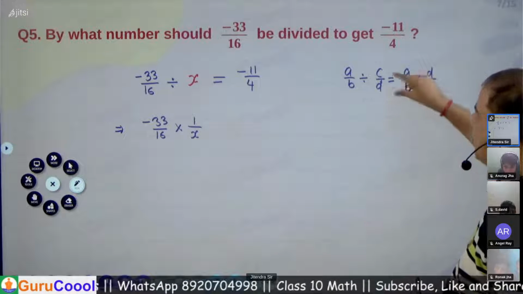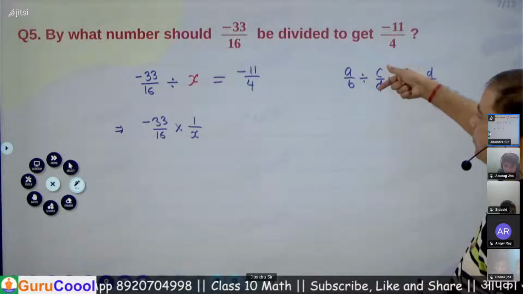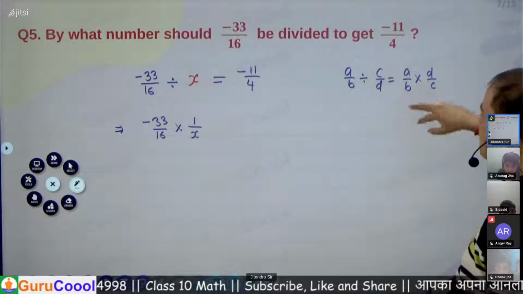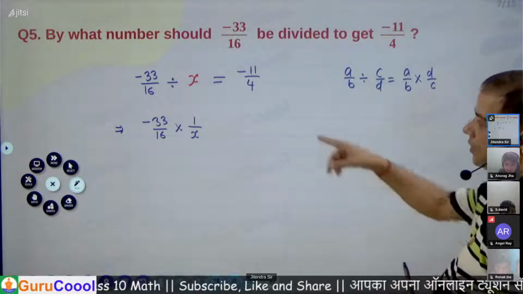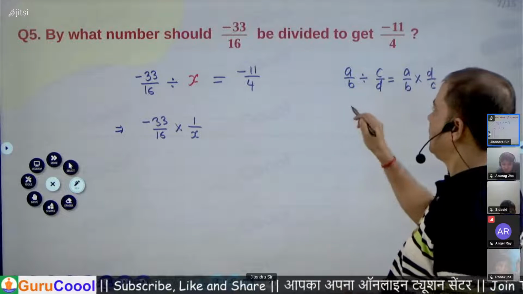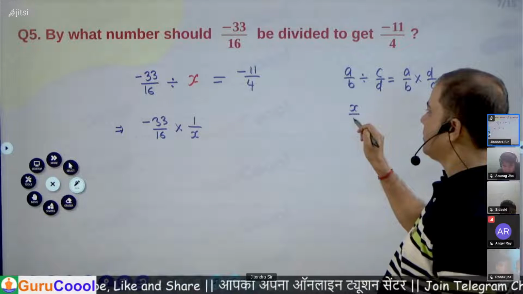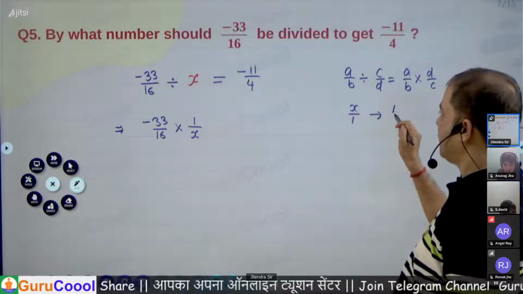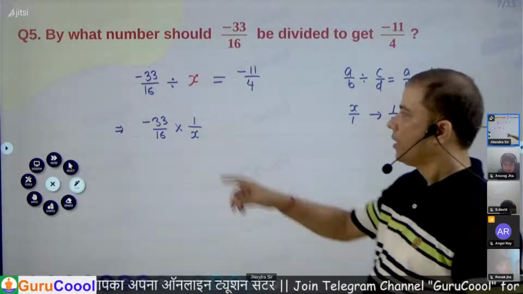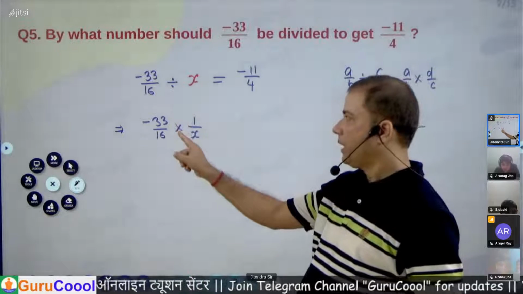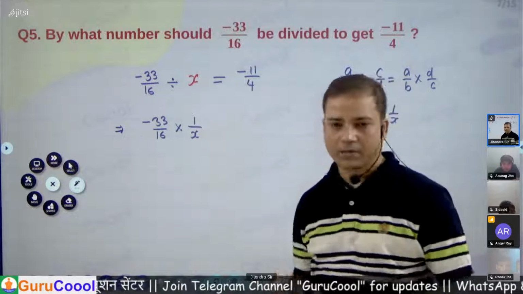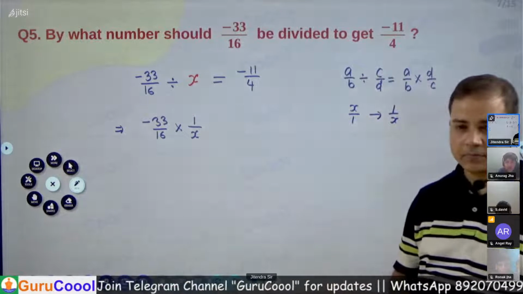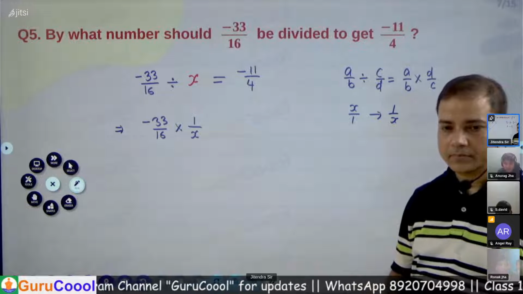Reciprocal means numerator and denominator flipped, d by c. This is what I did. x means x by 1, so the reciprocal is 1 by x. Divide sign changes to multiply, x changes to 1 by x. Any question? No, sir.